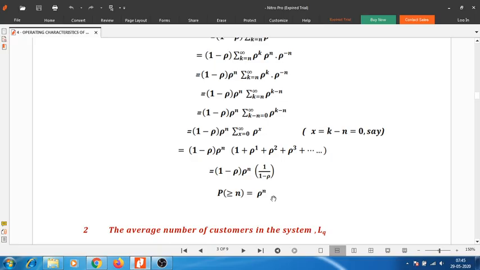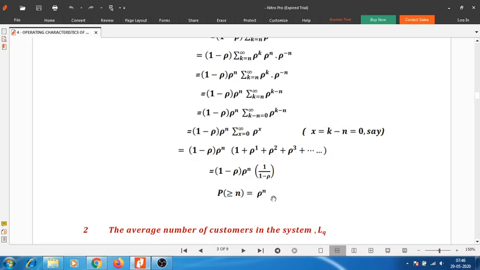Lambda is called the arrival rate and mu is called the service rate. We can calculate. My interest is how many customers, more than 100 right now, so instead of 100 we can write n. Are you agreed with my point? So the probability that the size of the queue is greater than or equal to n is nothing but rho power n. This is one of the operating characteristics we need to find.